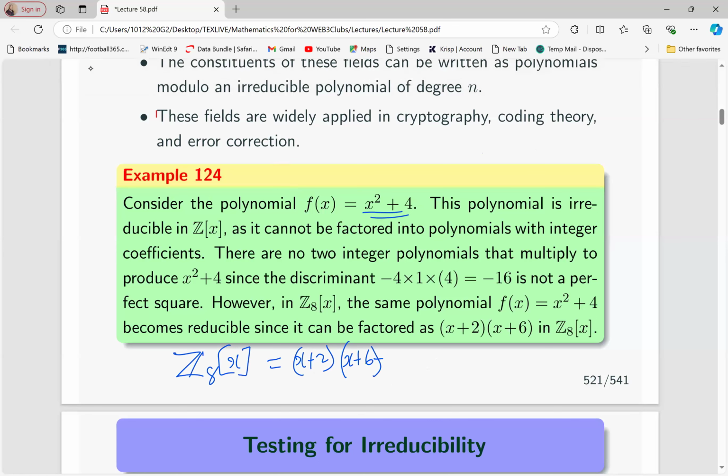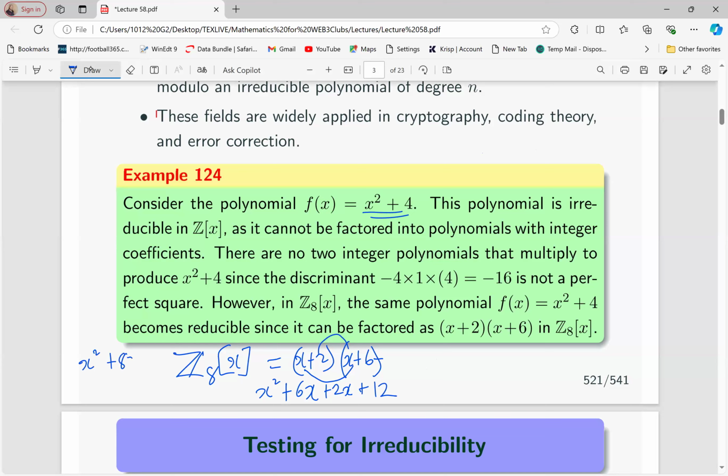Because when you multiply this, you get x squared, and x times that will be 6x, and then 2 times that will be 2x, and then 2 times that will be 12. So what is this? This is x squared plus 8x plus 12.